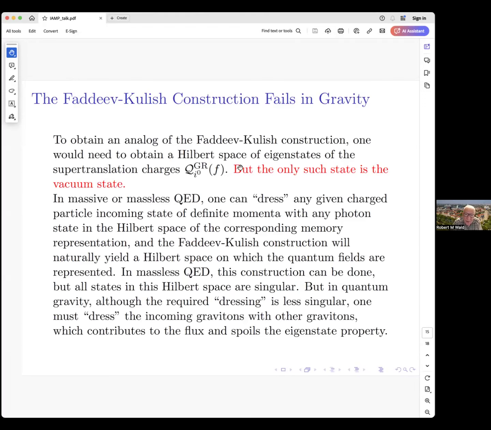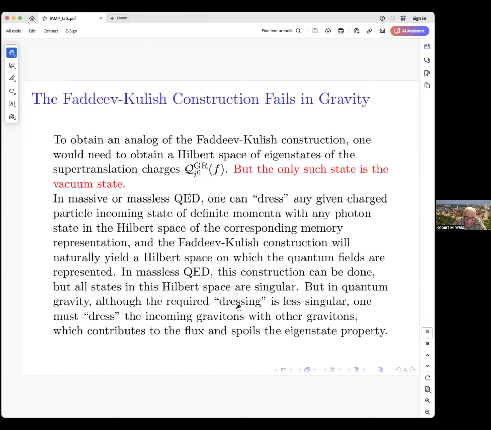But even if you're just looking for any eigenstate, and by eigenstate I mean of all of the supertranslation charges simultaneously, that's what you need to restrict to one superselection sector. Again, it's true that the only such state is the vacuum state. The proof of that is given in the paper with Prabhu and Satishchandran that I gave the reference to at the beginning of the talk.